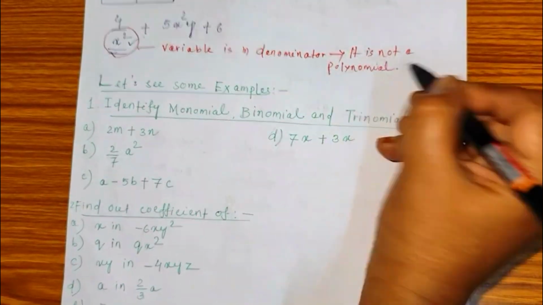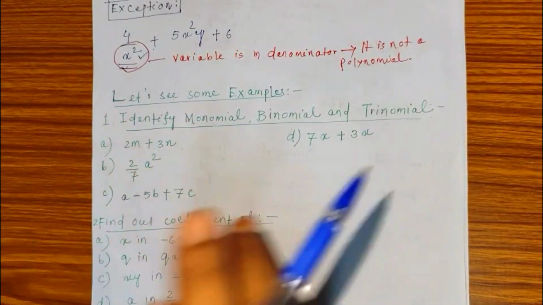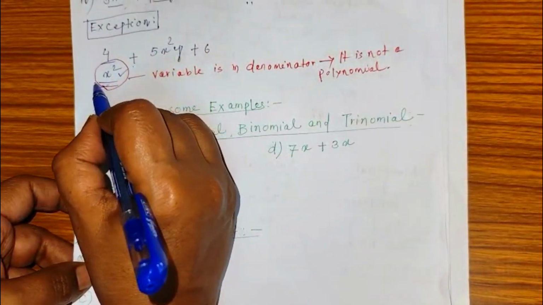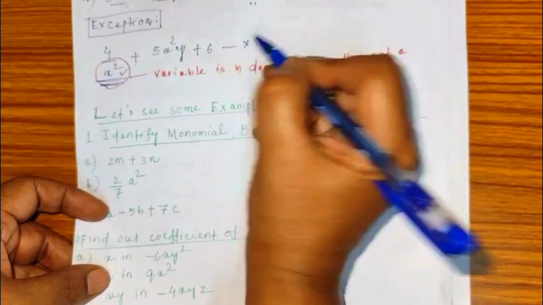So you have to remember this. This is very important. Okay. In this expression itself, it's not polynomial because the variable is in the denominator. So it's not a polynomial.